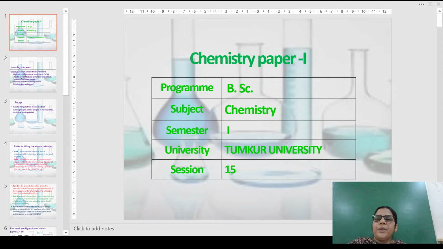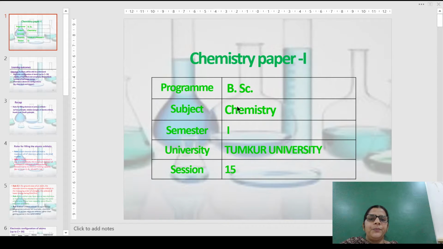Now, following all these rules, this is how the electronic configuration of various elements has been written here. We start with hydrogen with the symbol H, atomic number 1, and the electronic configuration is 1s1. Helium, atomic number 2, symbol He, is 1s2.